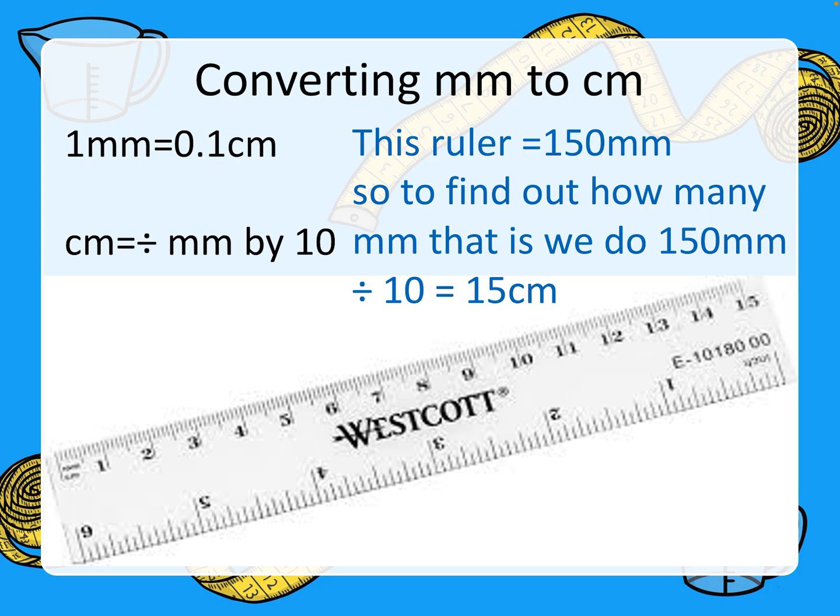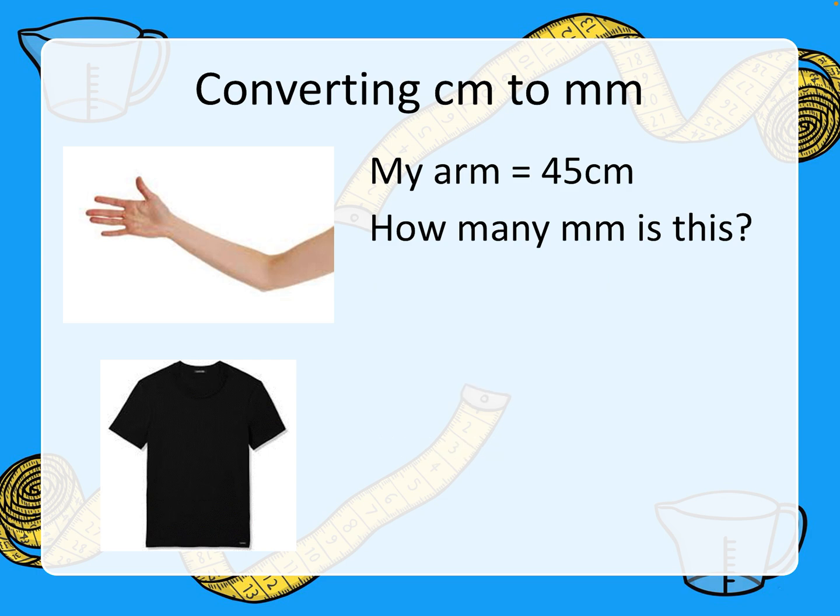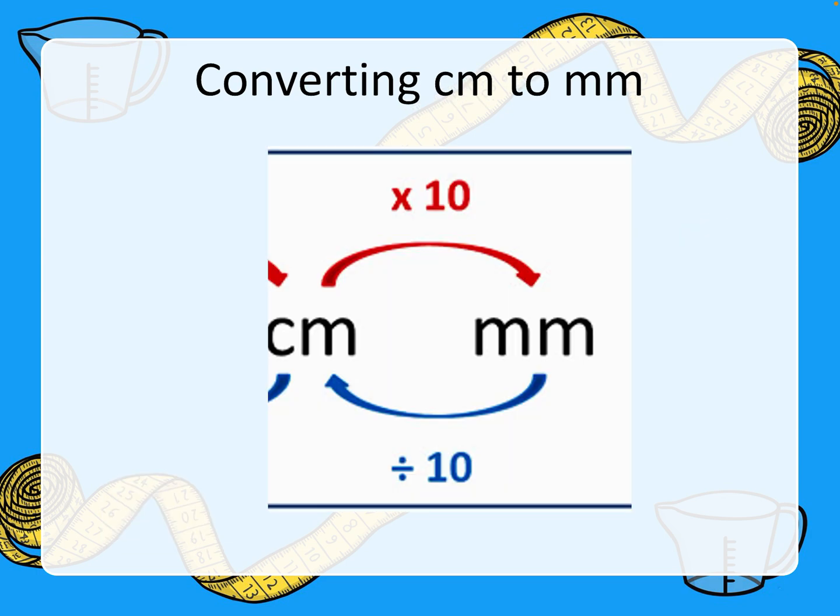So we're doing the opposite this time. Because if we go back to our little chart here, to go from centimetres to millimetres, we multiply by 10. To go from millimetres to centimetres, we divide by 10.